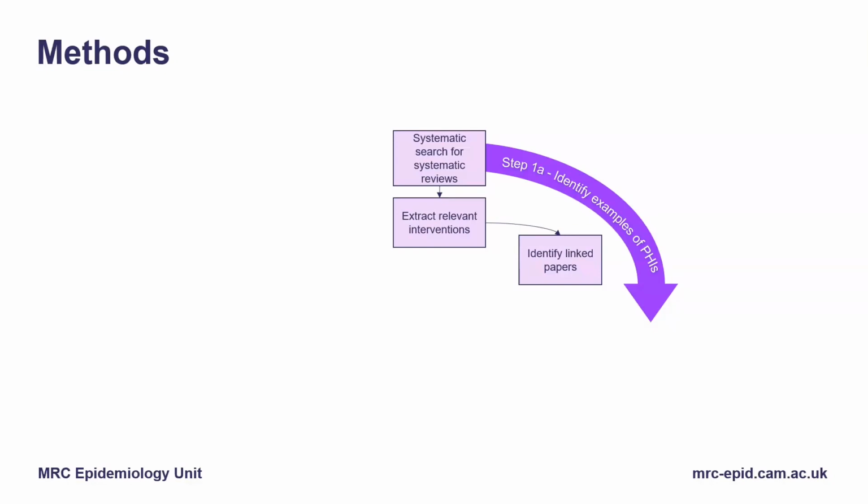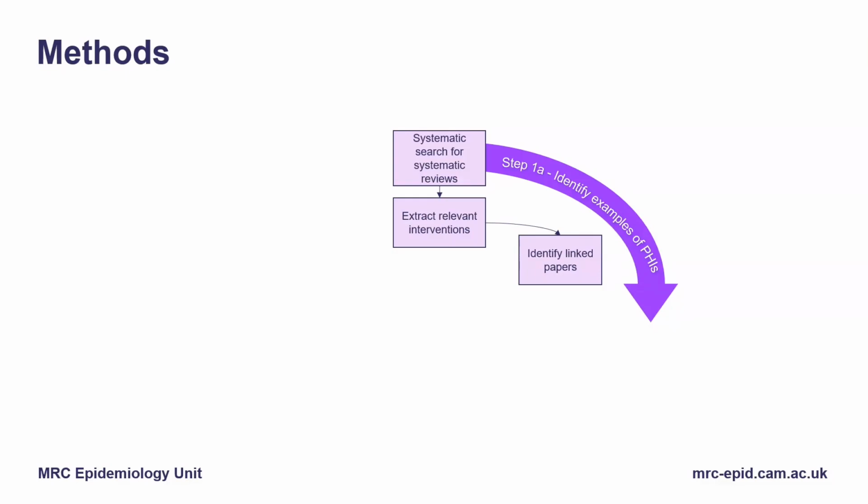From these, we extracted the population health interventions and screened them using the table of study characteristics. And then for all the included studies, we identified the linked papers. So we searched Google Scholar for the first and last authors, and I tried to identify process evaluations, qualitative evaluations, protocol papers, anything that gave us more information about the interventions themselves.